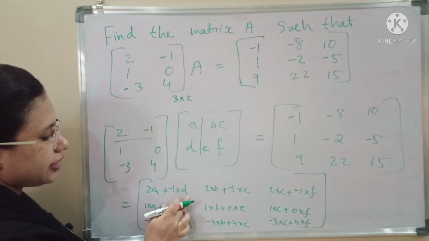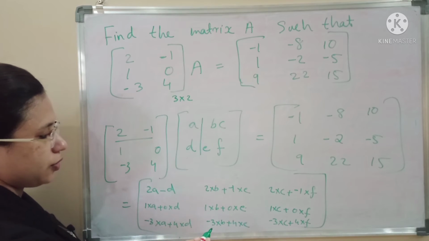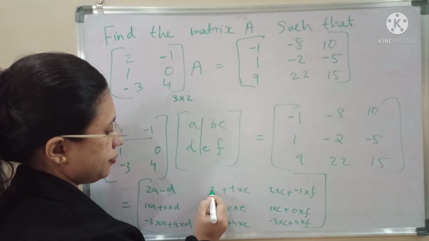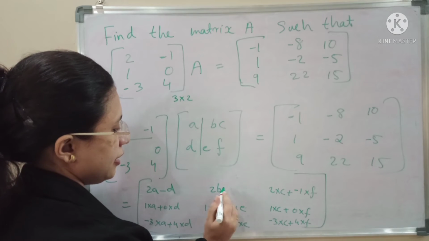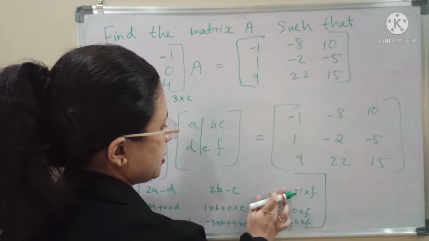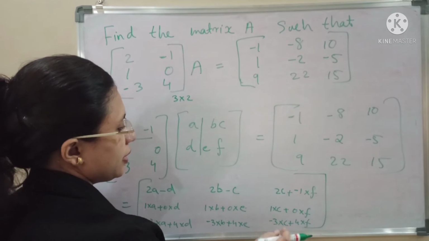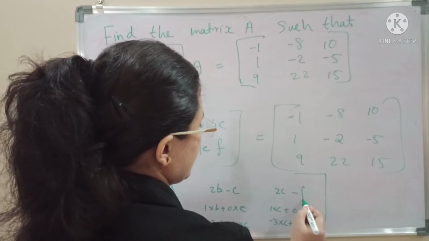Minus 1 into D is minus D. 2 into B is 2B. Minus 1 into E is minus E. 2 into C is 2C. Minus 1 into F is minus F.